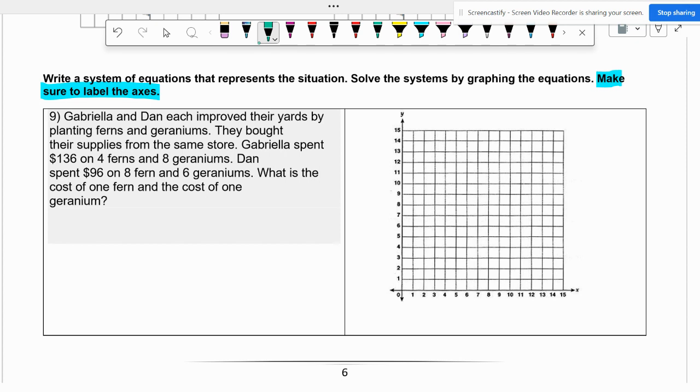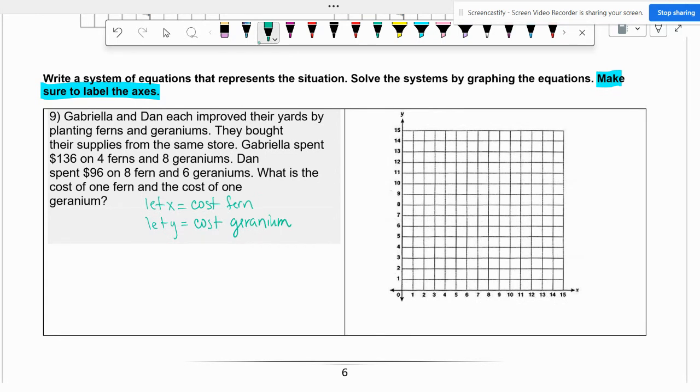Gabriella spent $136 on 4 ferns and 8 geraniums. Dan spent $96 on 8 ferns and 6 geraniums. So if I let X equal the cost of a fern, because that's what it's asking us, what is the cost of one fern? And let Y equal the cost of a geranium.